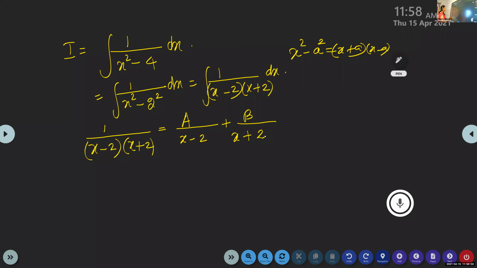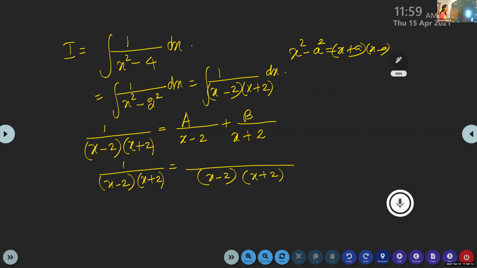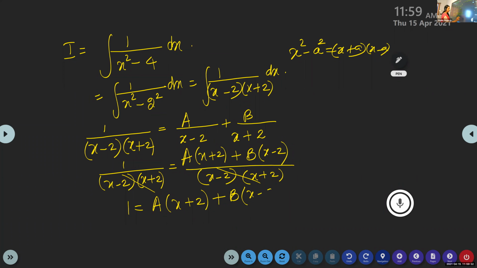Here also we'll take the LCM as x minus 2 into x plus 2. We multiply a with x plus 2 and b with x minus 2, so these two terms get cancelled. We get 1 is equal to a into x plus 2 plus b into x minus 2.